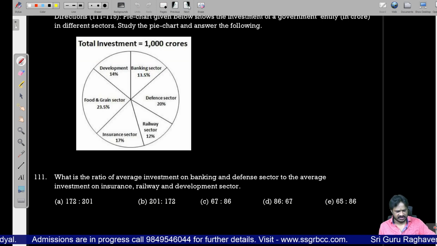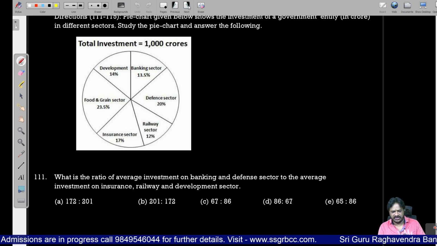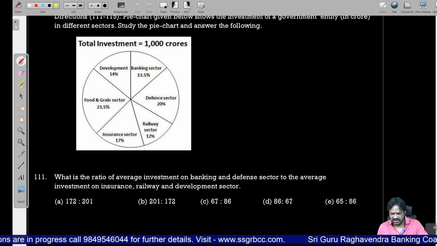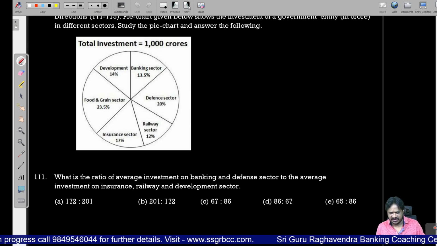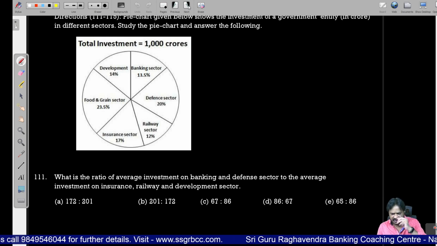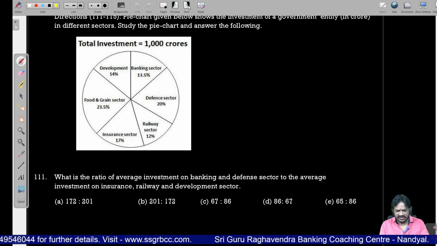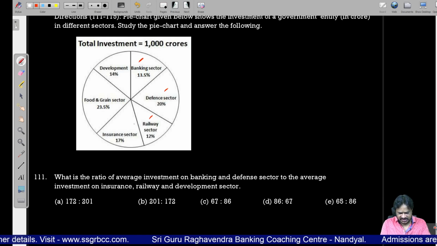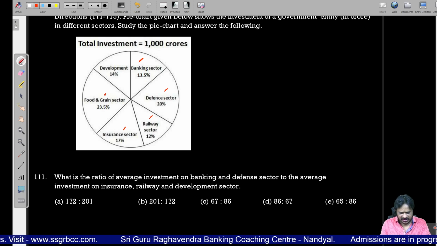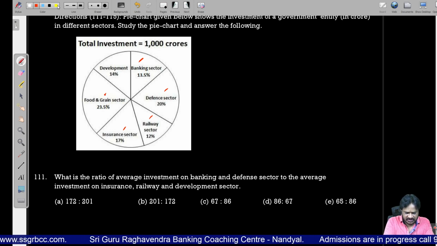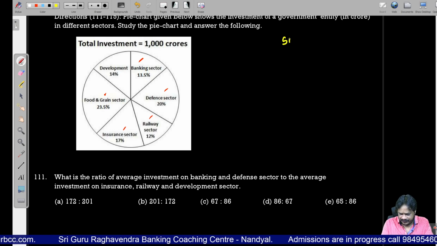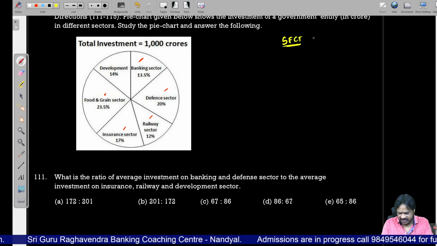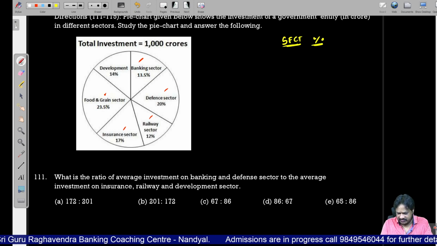Next, questions 111 to 115. The pie chart shows the percentage investment of a government entity, in crores, in different sectors. There are different sectors like banking, defense, railway, insurance and food grain. First of all, we will make the table: the sector, the percentage value, and the amount value.